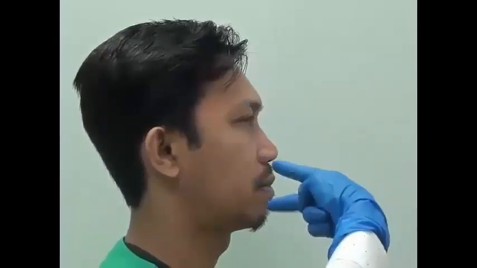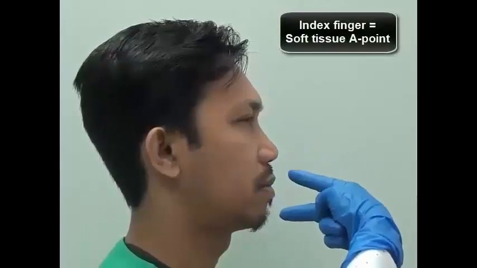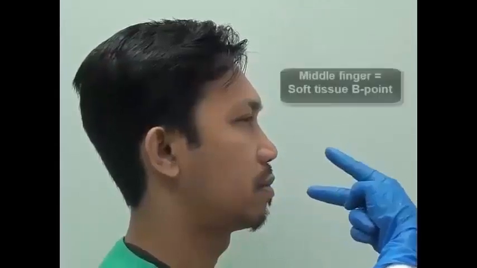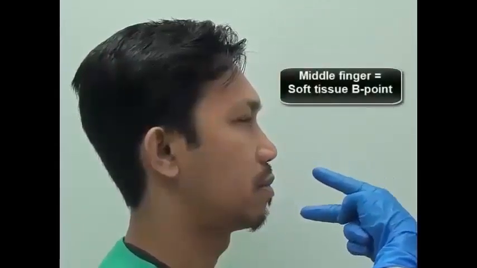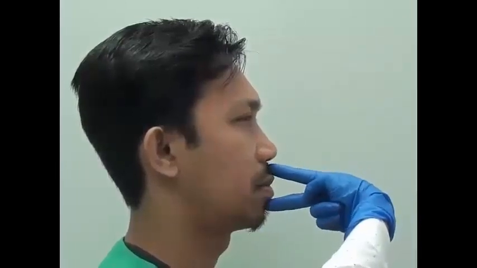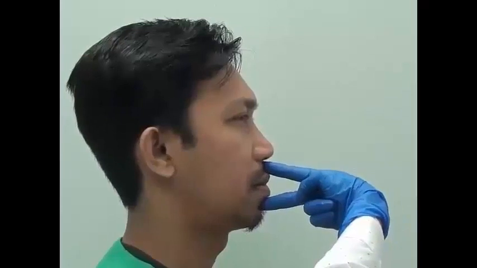So, the second method, you need to palpate the anterior borders of the maxilla and mandible using the index and the middle finger. The index finger represents the soft tissue A point, and the middle finger represents the soft tissue B point. So you palpate the soft tissue A and B point as so.